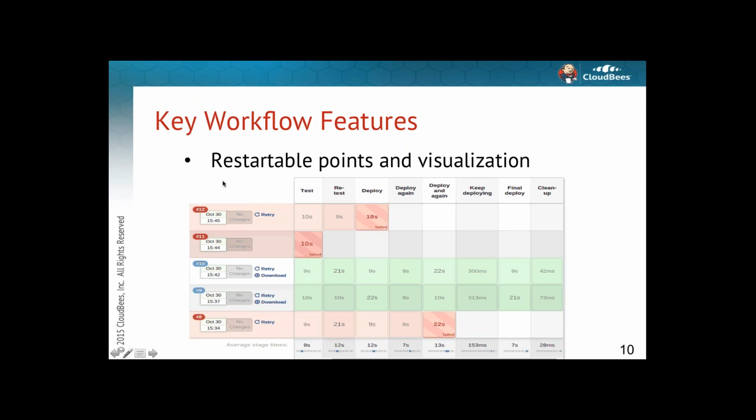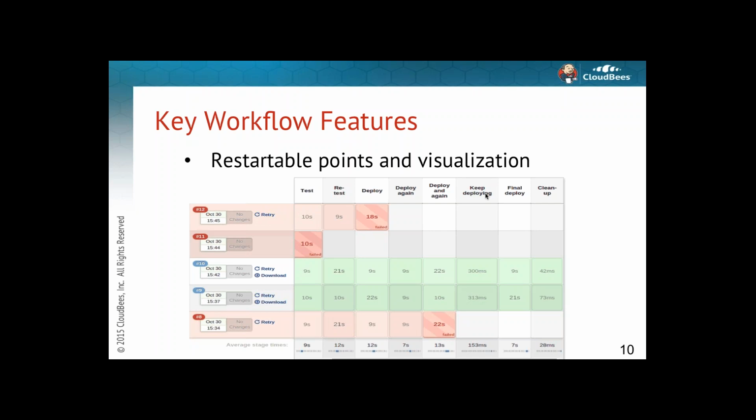Checkpoints allows you to restart from the last good stage, the last successfully run stage, and then reuse any artifacts you've already built and tested, saving yourself the pain of having to rerun that half or quarter of your workflow.